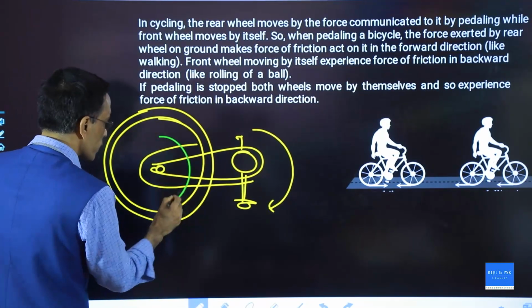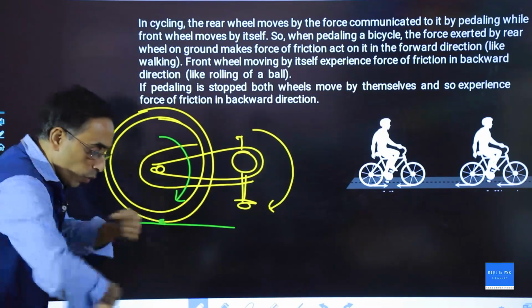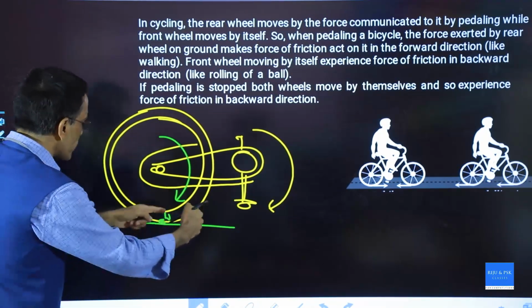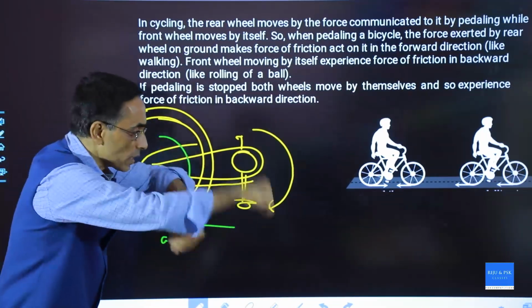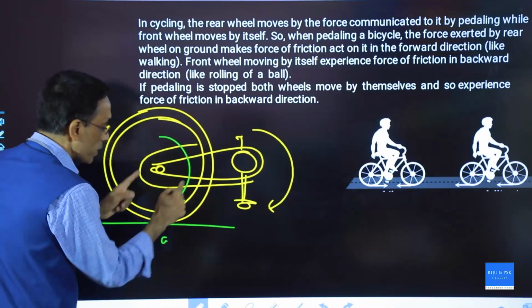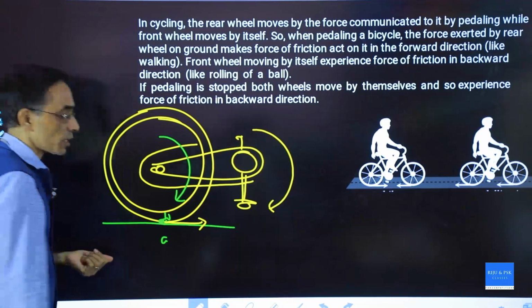Back wheel will rotate in this direction and this is the floor, and here the back wheel has a tendency to go backward. So the wheel is relatively going backward with respect to the floor because you are forcing it like this. When you force it like this, this wheel has a tendency to roll like this. So here the wheel is going backward, so frictional force will act in the forward direction.